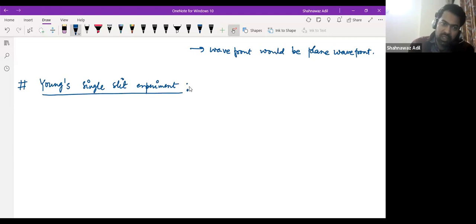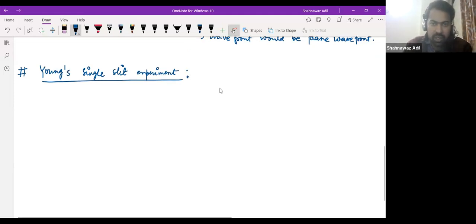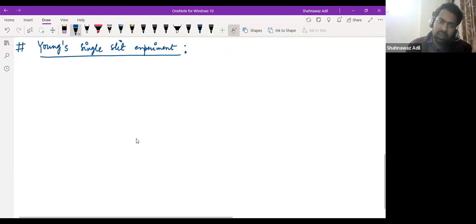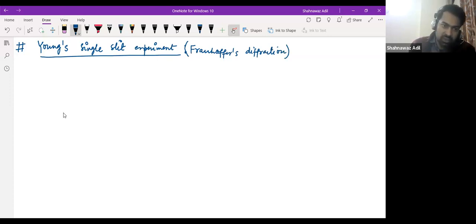So what is this Young's single slit experiment? Before we do that, this is Fraunhofer diffraction, right? We will take a source from here in a lab. In a lab, can we take a source to infinity?